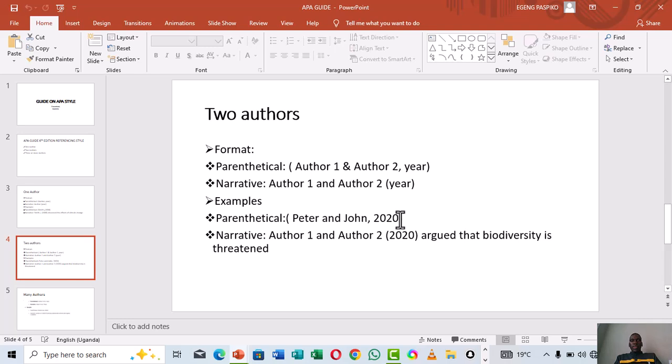They have written the same thing in a certain journal or novel or article. In the narrative, you have author 1 and author 2, 2020. They argue that biodiversity is threatened. That's the main point these authors have been talking about. That's how you cite it. You join using and.